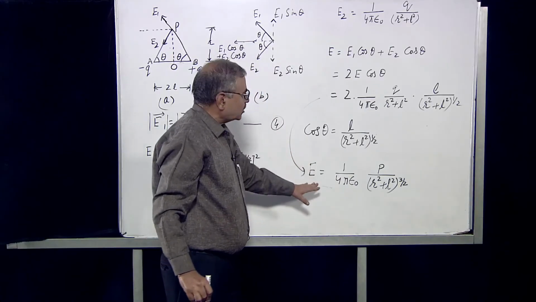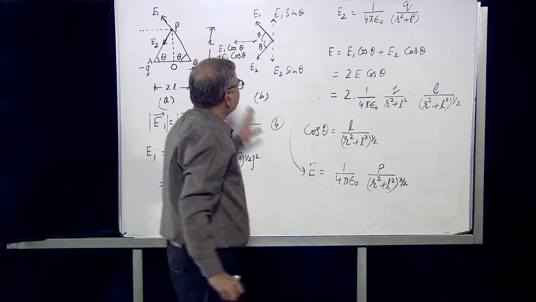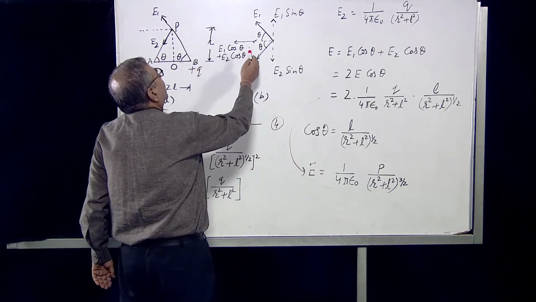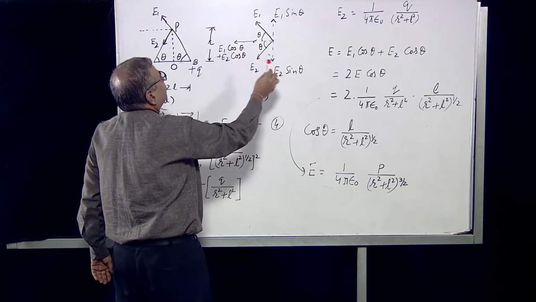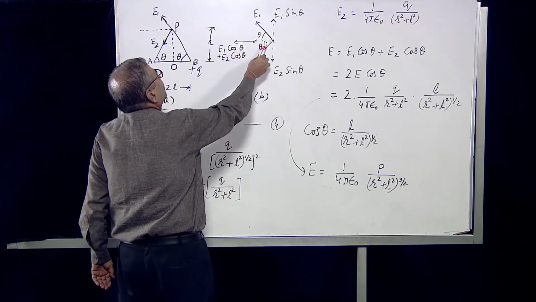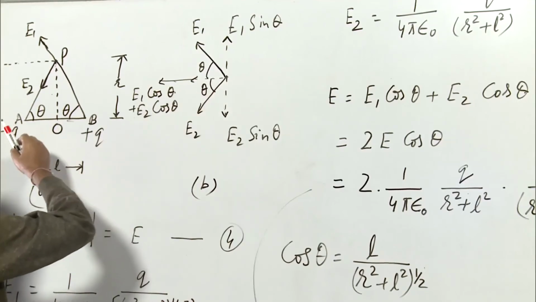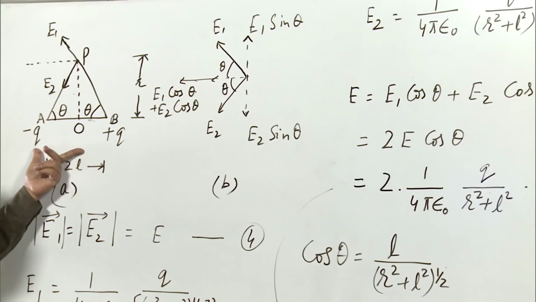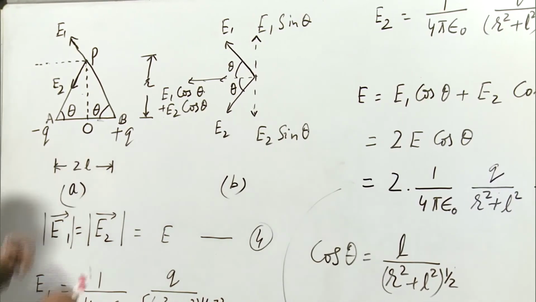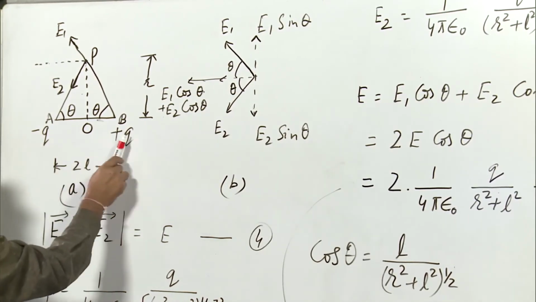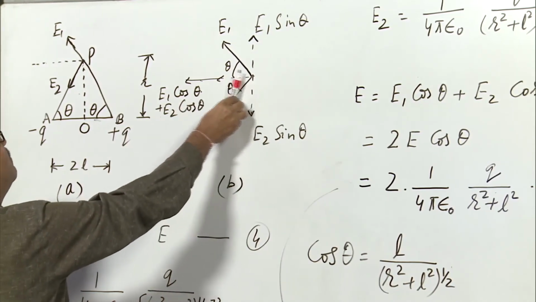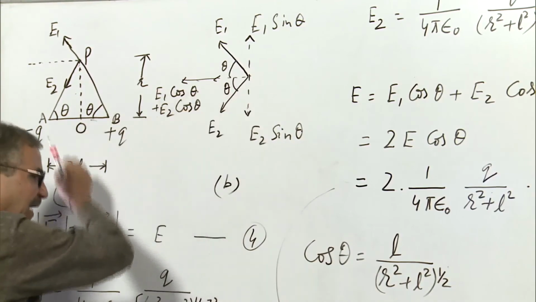Now, what will be the direction of this electric field? We again come to this figure B. You see that the direction of the resultant electric field will be from right to left, meaning it is directed opposite to p, because p is directed from minus q to plus q, and the net electric field will be directed from right to left.